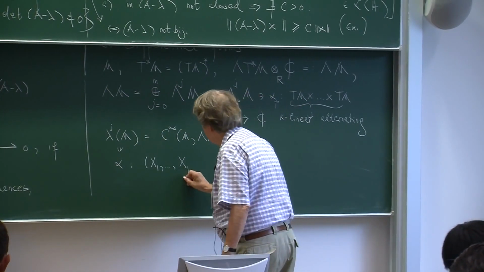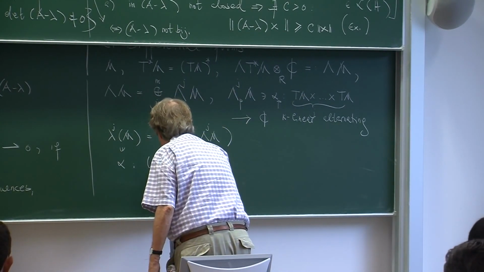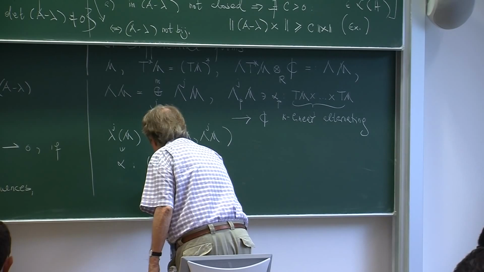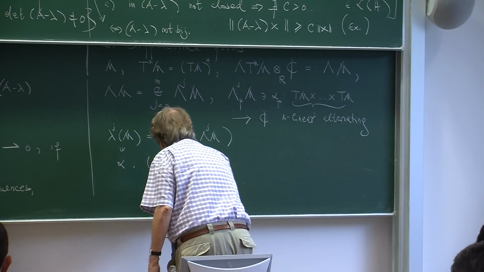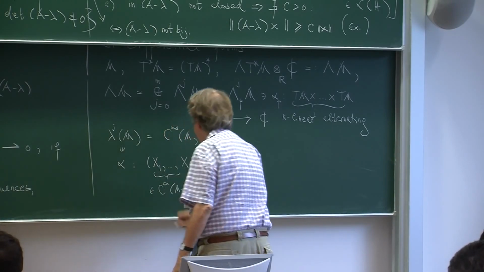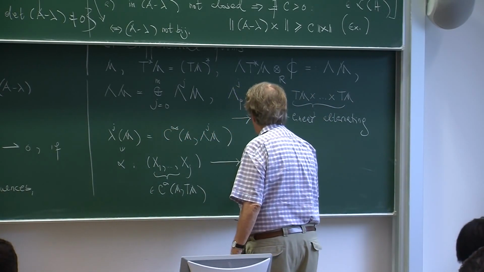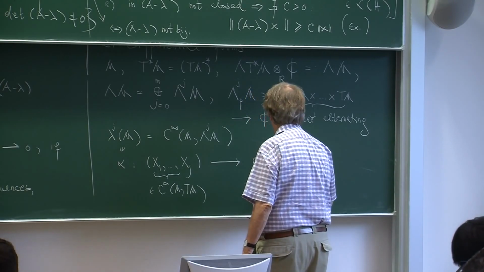And then I take j vector fields. These are in the smooth sections of the tangent bundle, and map this to the smooth functions.